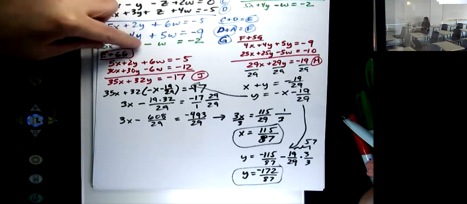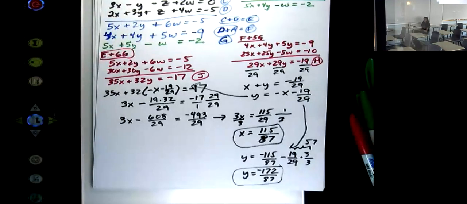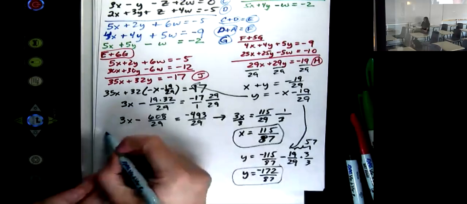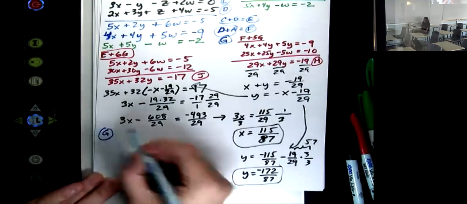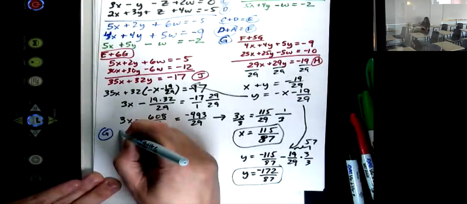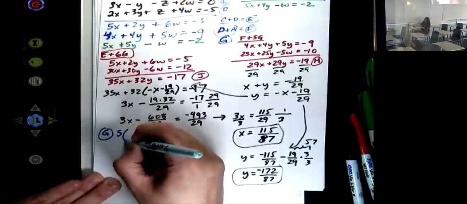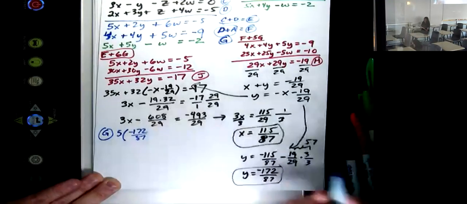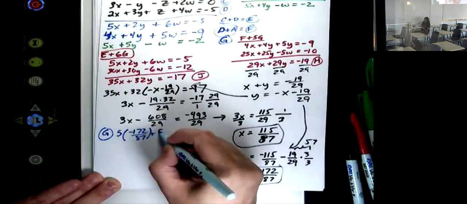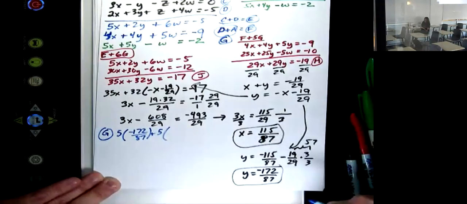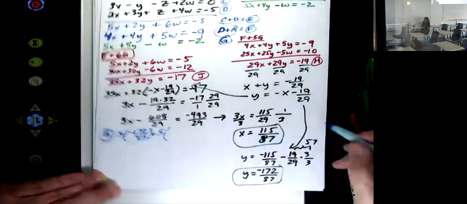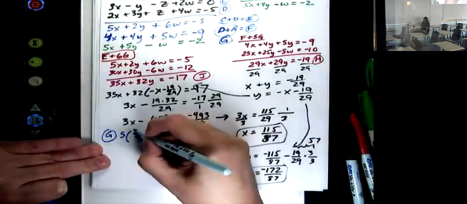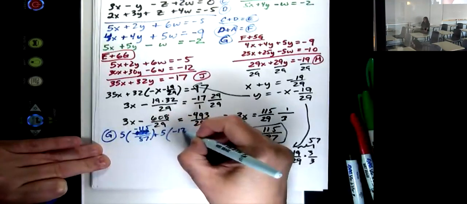I think doing G is the easiest because G's just got a straight W. Let's plug these into G. I got 5 times negative 172 over 87 plus 5 times negative 172. Wait, that was 115 right here. This was the negative 172.